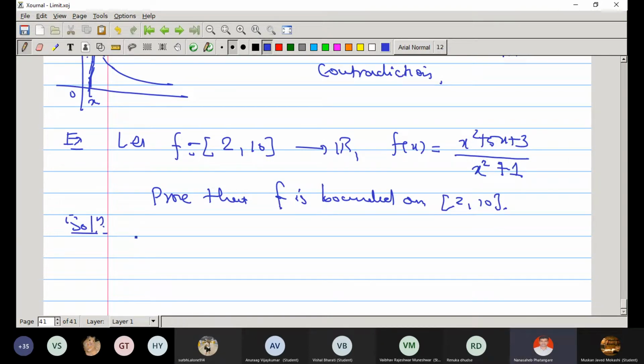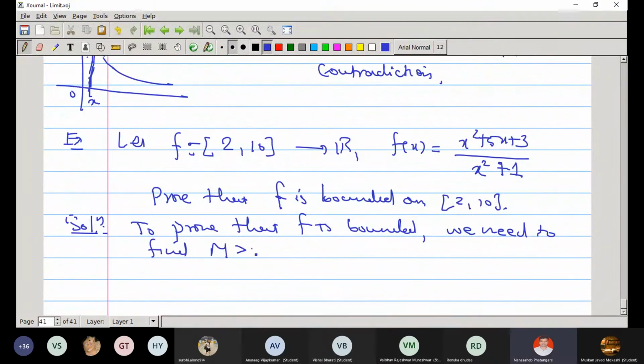To prove that f is bounded, we need to find a number m such that the absolute value of f of x is less than or equal to m for each x in 2 to 10.